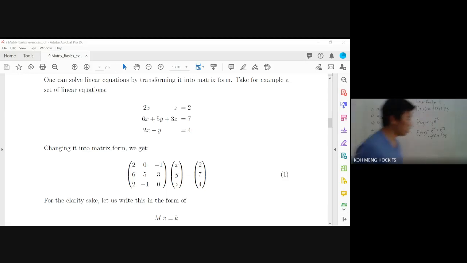Yeah. So this is a linear equation. Linear equations here, you can write them in terms of a matrix. Let's say you have a function fx. Just for discussion, we say fx is a square matrix, fy is a square matrix, right?